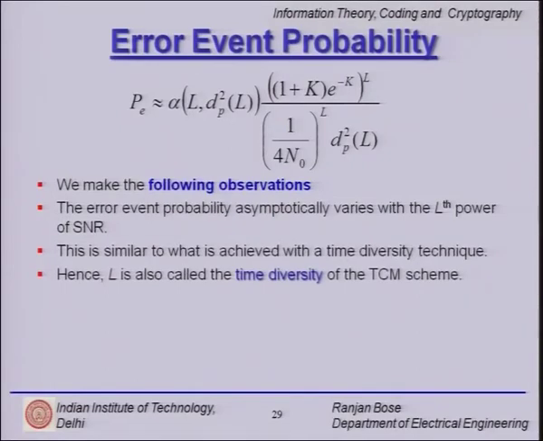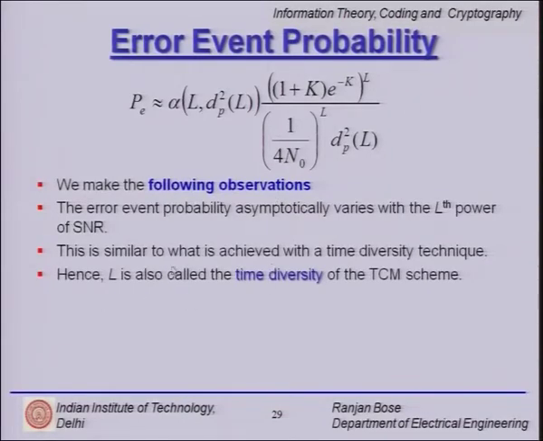If you remember, time diversity means that you can transmit the same information at different instances in time, assuming that the spacing between these times is not correlated, and you get time diversity gain.